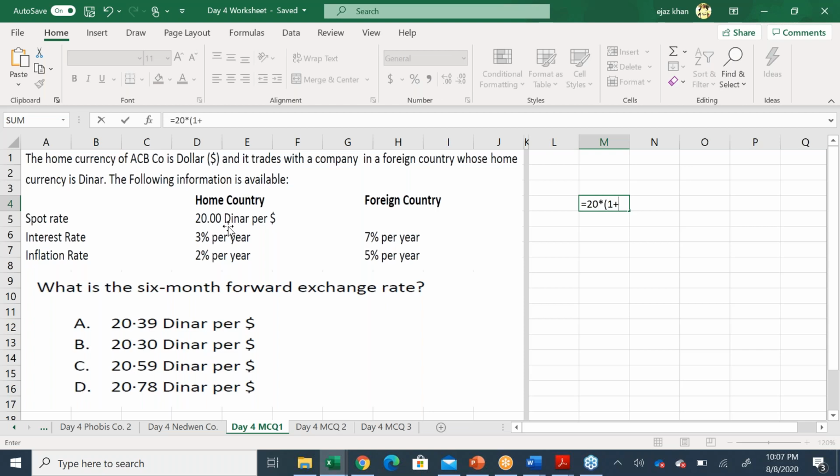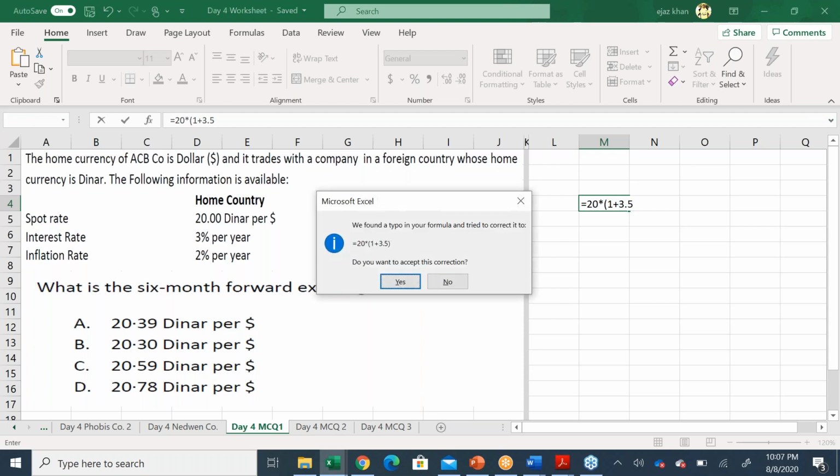So 1 plus, what's the interest rate for dinar? Dinar is the foreign currency, right? So for the foreign currency here, the interest rate is 7%, but it is for the whole year, whereas we need it for 6 months. So for 6 months, it will be 3.5%. So I'll just write it directly.